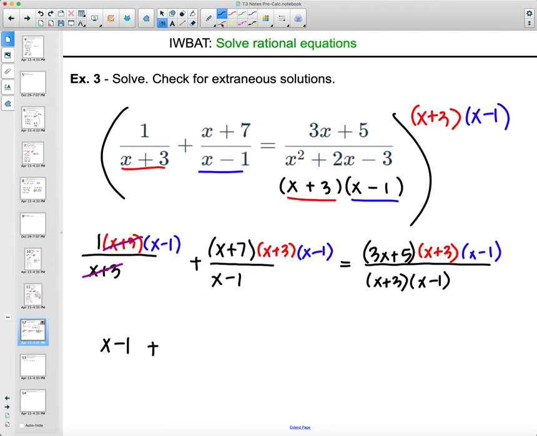This next one, we see that x minus 1 cancels top and bottom. So we're left with x plus 7, x plus 3. And then in this next one, we see the x plus 3 cancel and the x minus 1 cancel. So we're just left with the 3x plus 5.